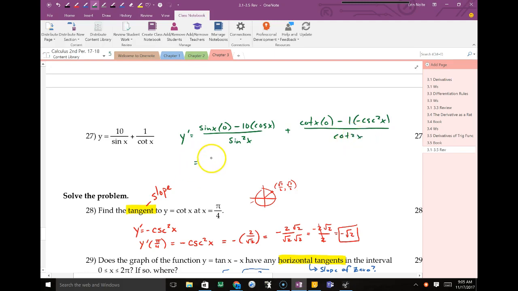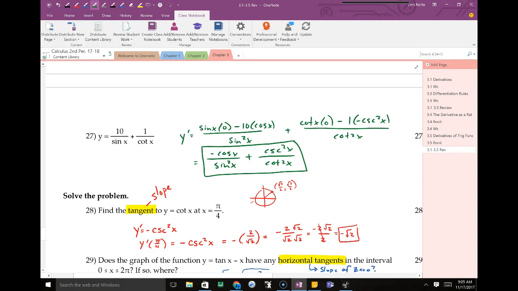So we basically get a negative cosine over sine squared. It is possible to rewrite that in a different way if you chose to. It's not necessary. Second term should be minus a negative on top, so we get plus cosecant squared over cotangent. And again, you could rewrite this term in terms of sines and cosines if you wanted to.